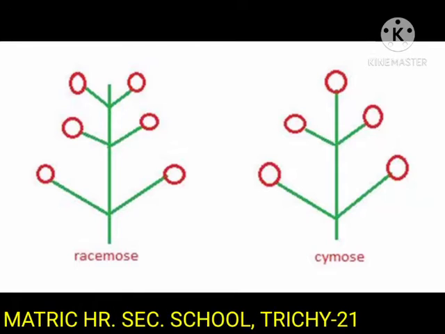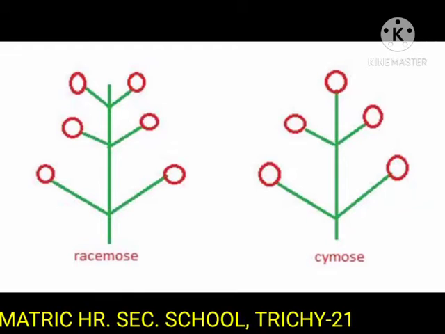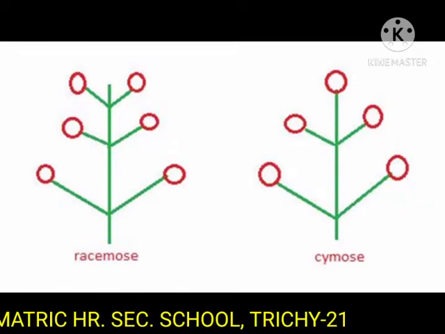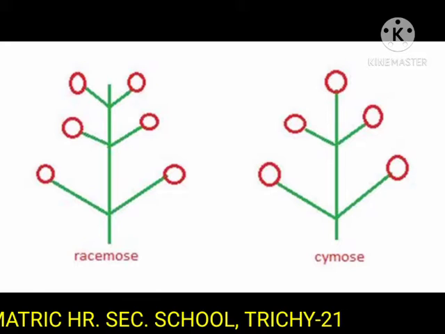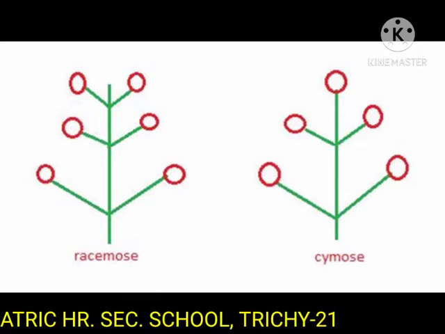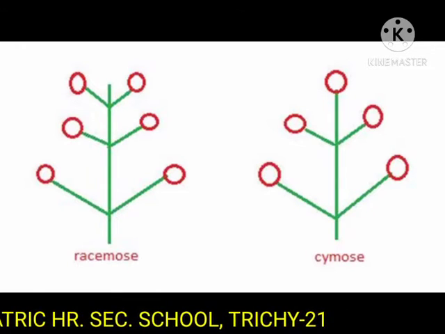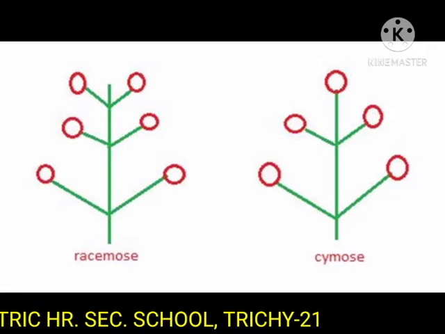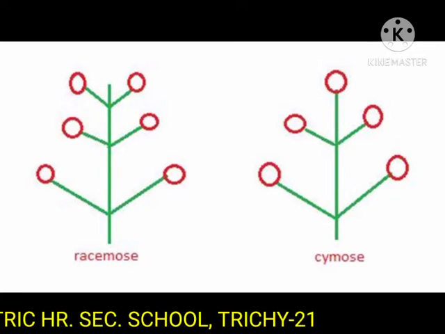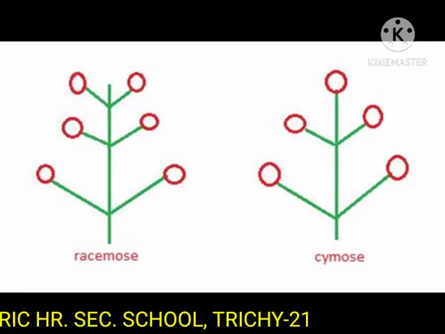It is further divided into three types based on the outgrowth pattern of the main axis: the main axis elongated, main axis shortened, and main axis flattened or globose.